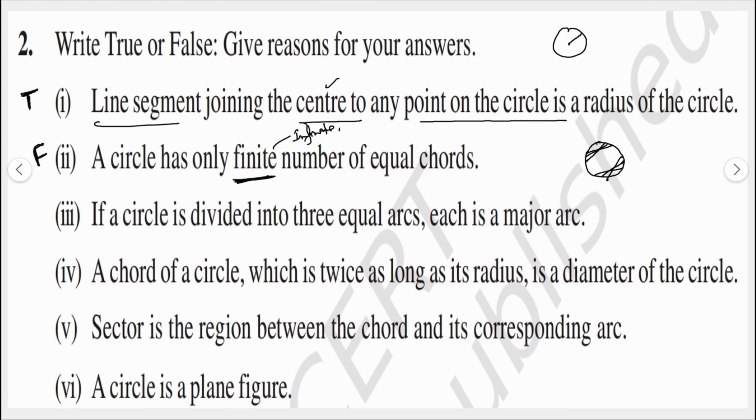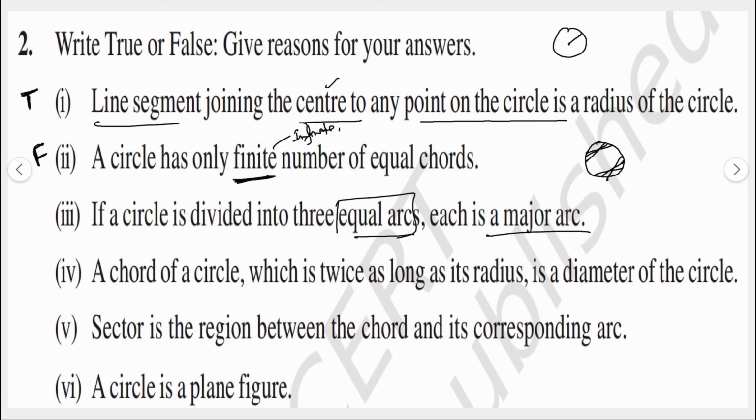Next is, if a circle is divided into three equal arcs, each is a major arc. So this one is again false, because if we are making three equal arcs, they will be called equal arcs instead of major or minor arcs. We have a major and a minor arc when one is bigger and the other is shorter.